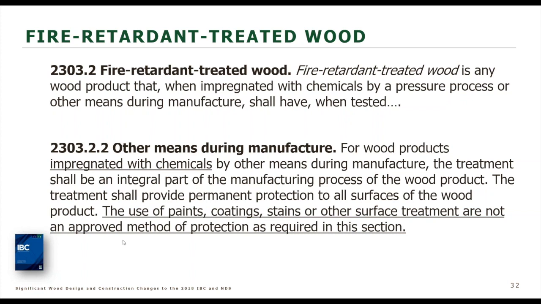And also, the use of paints, coatings, stains, and other surface treatments are not an approved method of protection as required in this section. Now, we know that there are other products out there that do provide this topical treatment, basically.